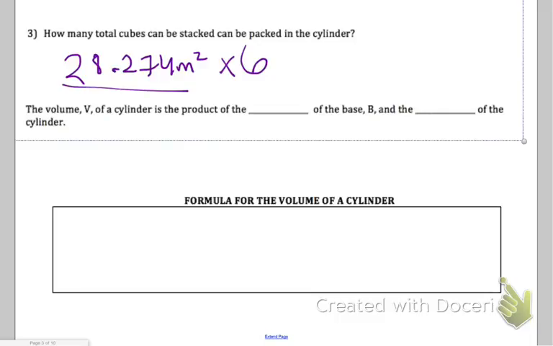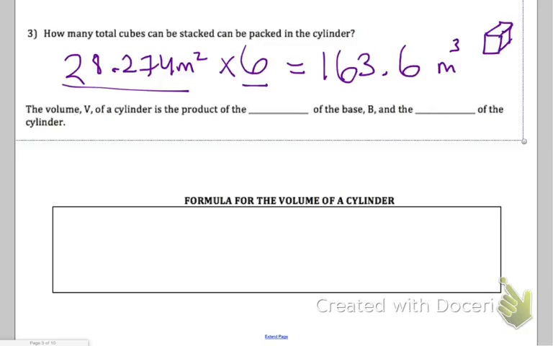So we have our area of the circle times the height, which is equal to 163.6 meters cubed. So for number 3, it should say to round to the nearest tenth. We're rounding 1 decimal place. So we can fit approximately 163.6 cubes inside of this cylindrical container.